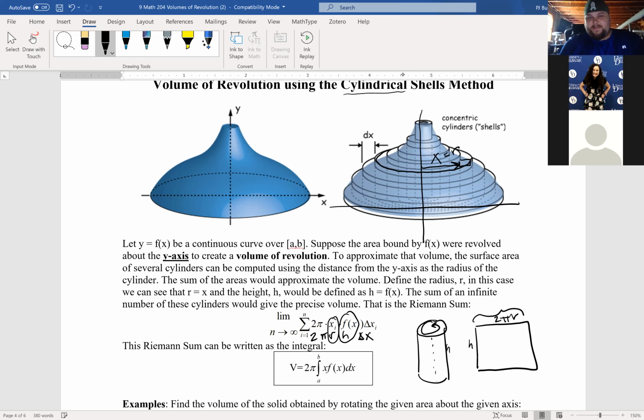And that should make sense. That is the radius of the cylinder. But we call that distance from the axis to the slice x.